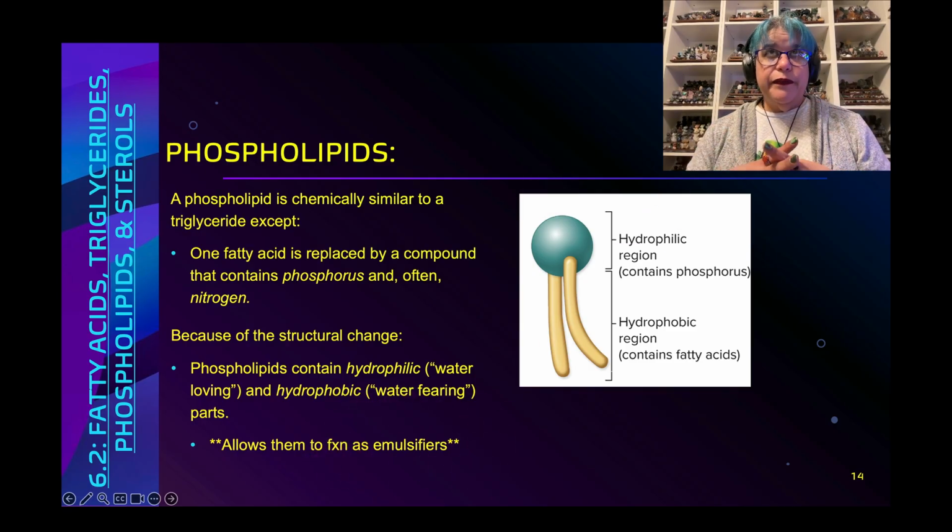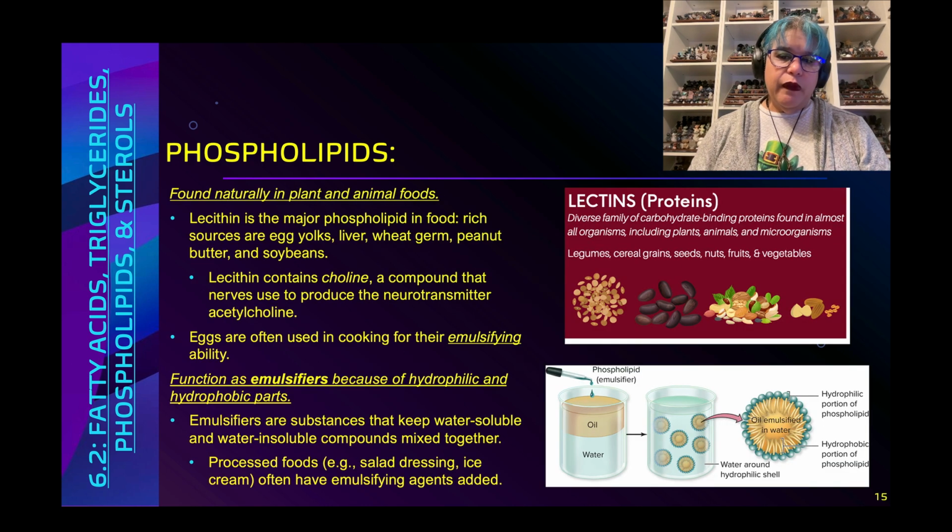Emulsifiers will basically take big fat globules and break them into small fat globules and then surround them, which you're going to see. So food naturally in plants and animals. Lecithin is a major phospholipid in food. Rich sources are going to be egg yolks, liver, wheat germ, peanut butter, and soybeans.